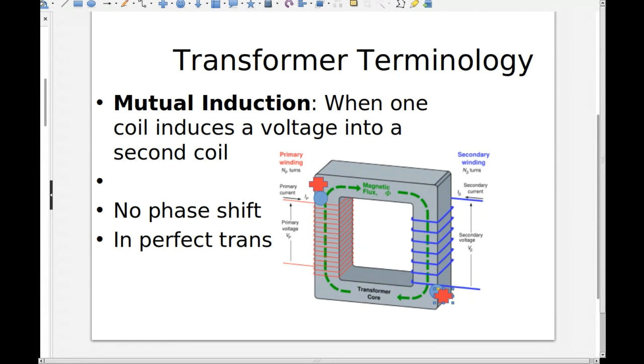With this example, the current is flowing into the dot, and the current is flowing out of the dot. Notice here you see the arrow, it says the secondary current is coming in here. That's what they refer to as the dot notation.